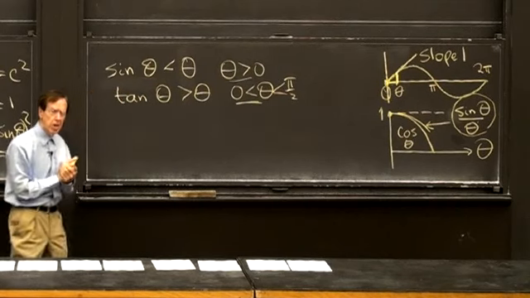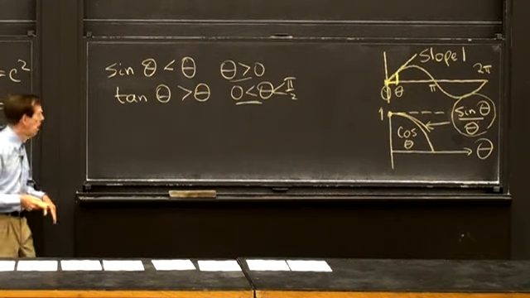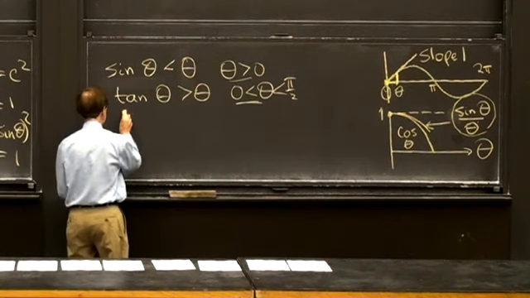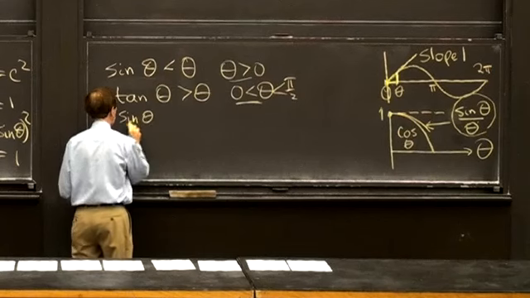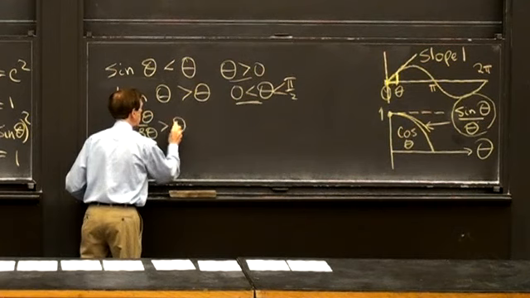So can I just rewrite? Do you remember what the tangent is? Of course, sine theta over cosine theta. So this is sine theta over cosine theta bigger than theta. We still have to prove this.